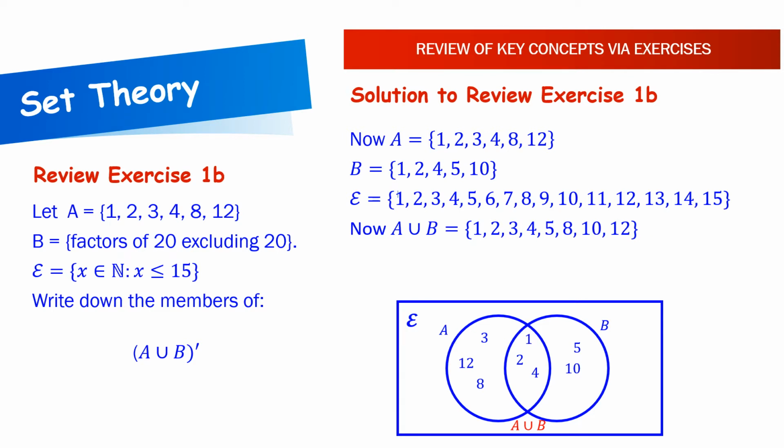So what's left? What's in the universal set which is not in A or B? We remove 1, 2, 3, 4, 5, 8, 10 and 12. So these have all been already taken account of.